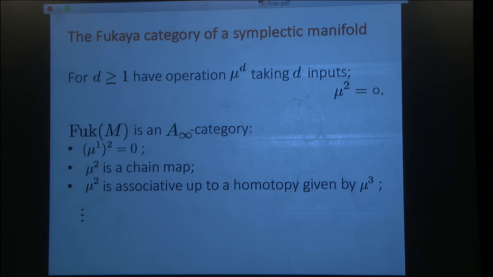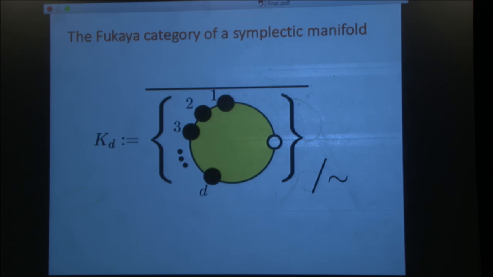And an important thing is that this isn't just an accident of algebra. It reflects the underlying geometry of the domain moduli spaces. What I mean when I say domain moduli spaces is, if we're looking at mu d, for instance, we're defining that by counting maps from a d+1 punctured disk to M. But we're not fixing the positions of those d+1 points.